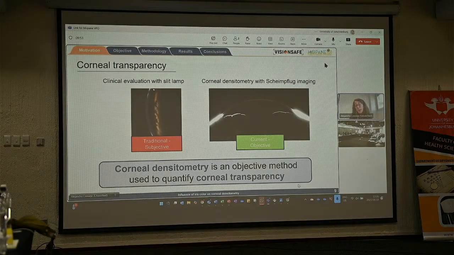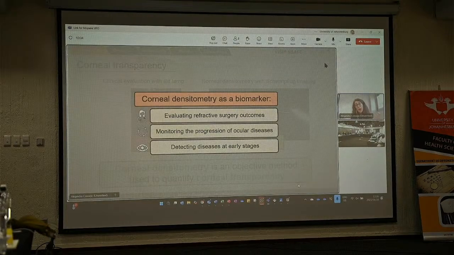It became clinically friendly, and it's making its place in clinical practice as an objective measure of corneal transparency.